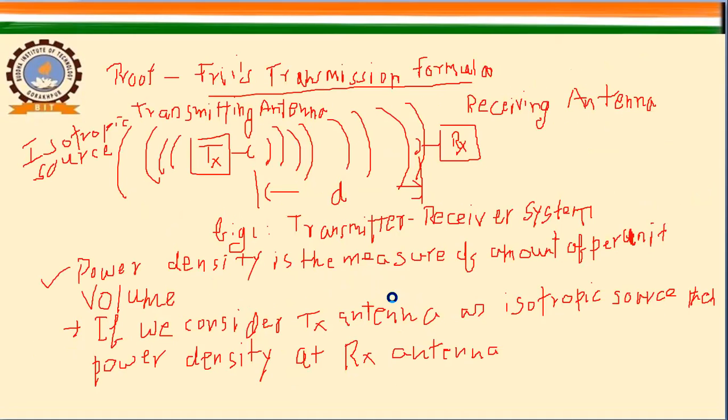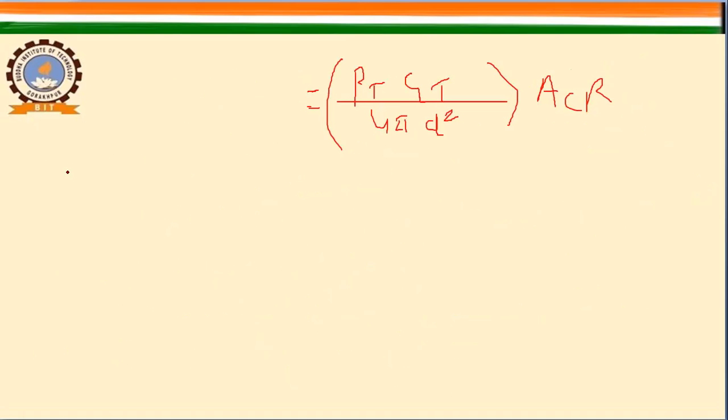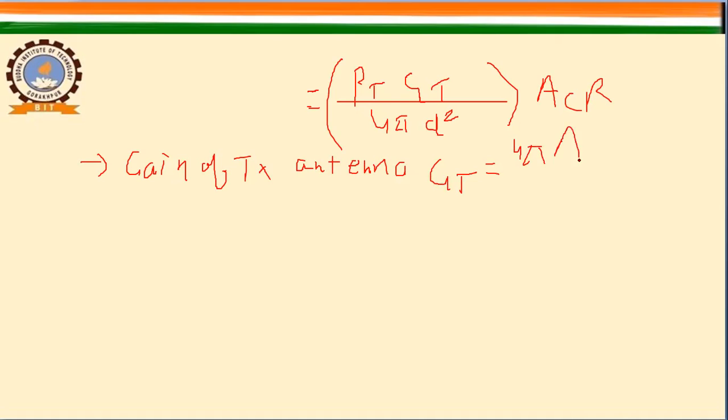So you can say the gain of the transmitting antenna is G_T equal to 4 pi times the effective aperture of the transmitter antenna divided by lambda square.